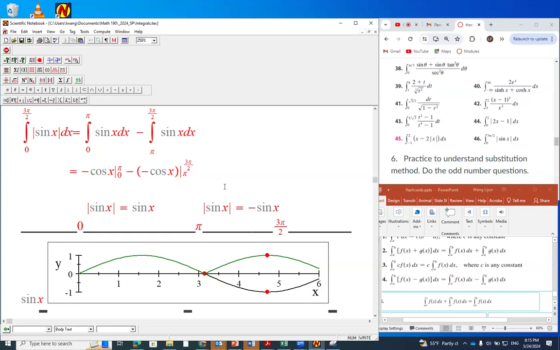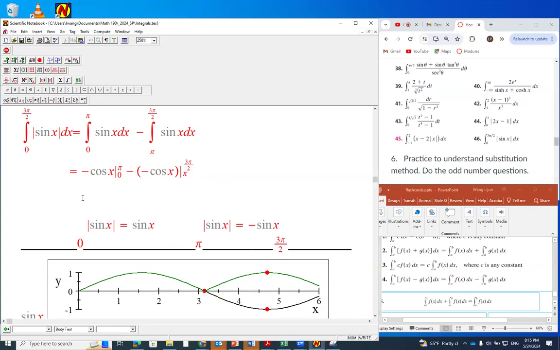You can actually use the unit circle to determine the sign as well. Anyway, now let's do the subtraction. We put in a bracket: cosine pi minus cosine 0. Subtracting cosine 0.